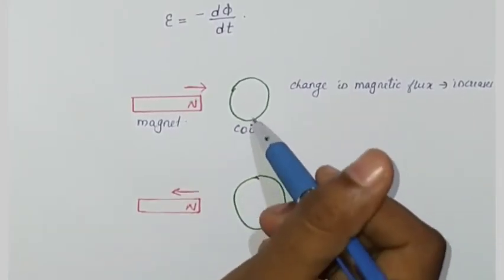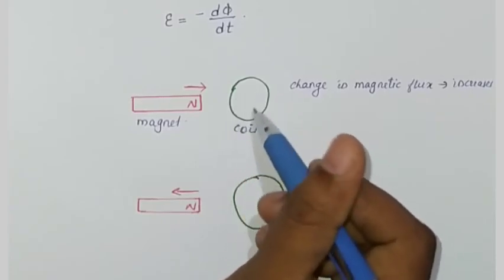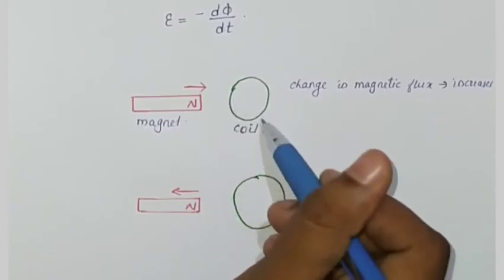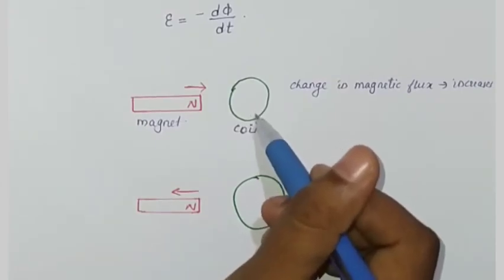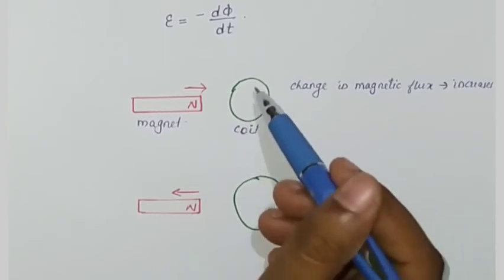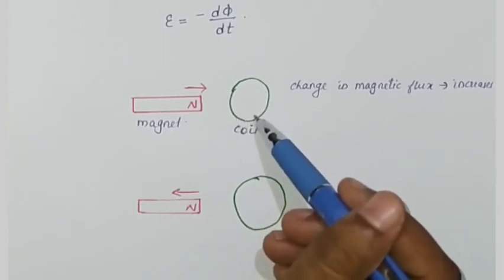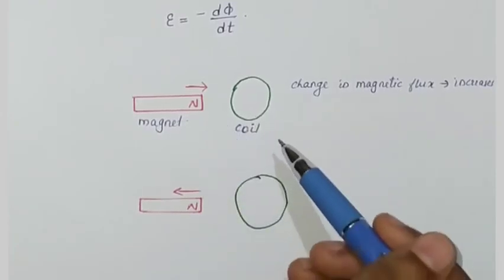According to Faraday's law, since the magnetic flux associated with this coil is changing, an induced EMF will be produced. And the direction of that induced EMF is given by Lenz's law. Lenz's law states that the induced EMF produces a current that opposes the change in the magnetic flux.